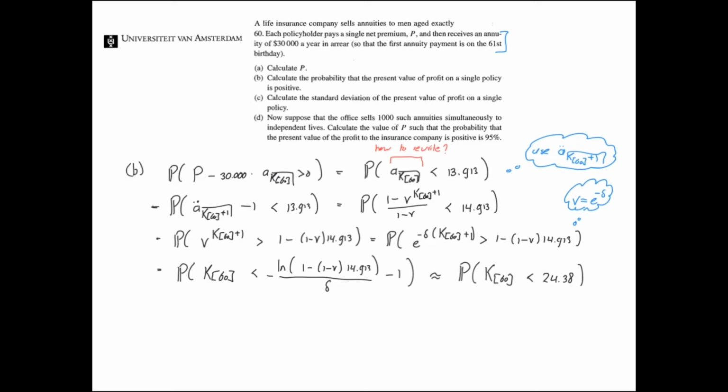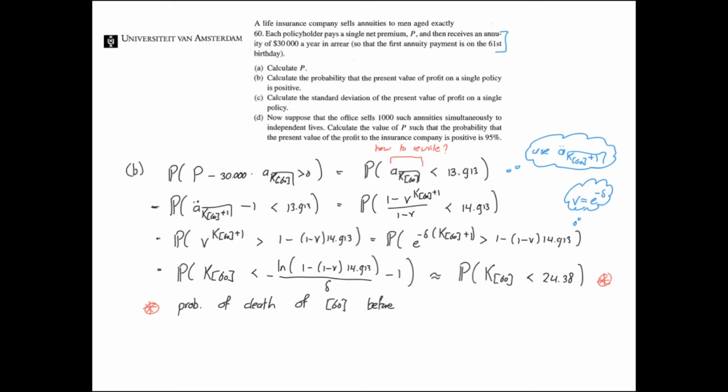Now notice that this probability is simply a probability of death of the select life aged 60 before living how many years. So it says probability of dying within 24.38, but K is the number of whole years lived.